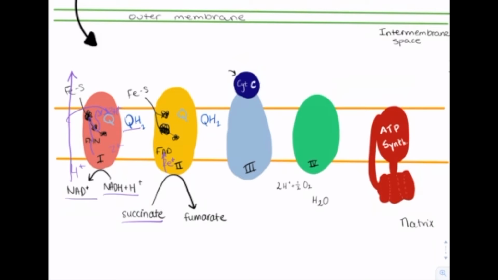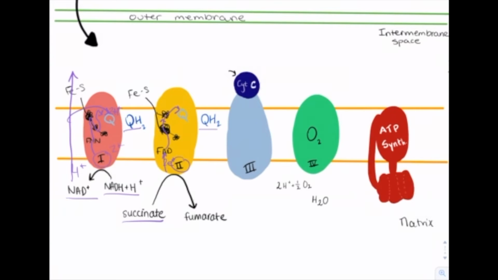And these electrons then follow the same path as in complex 1 through the iron sulfur centers up to Q. And Q accepts again the 2 electrons and is once again transformed into QH2. But importantly to note, complex 2 does not pump protons into the intermembrane space. The series of reactions of complex 1 and 2 will contribute to the pool of reduced ubiquinone, also known as QH2.